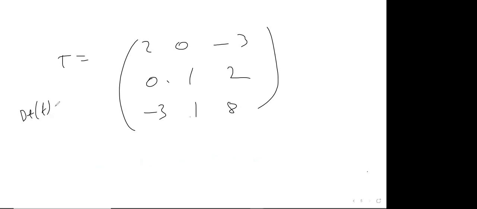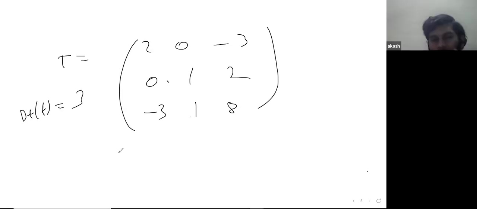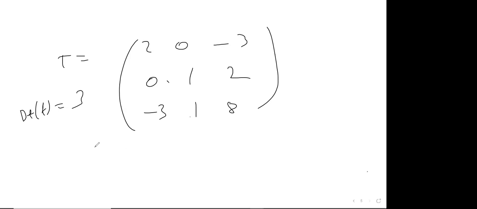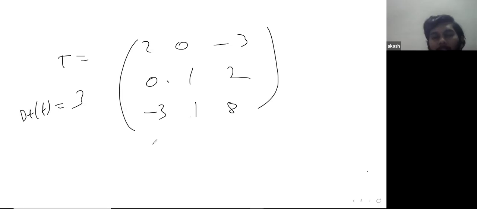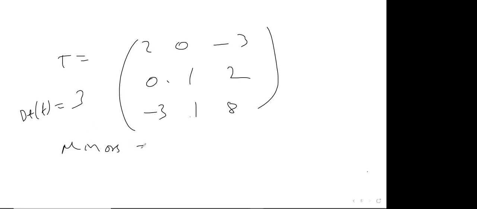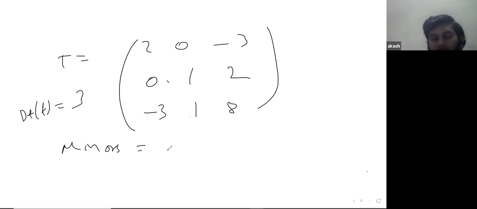Added the minus sign. To which? To what? To 2 and 1, and there's 0, 0. No, first you have to find the minors, right? Yes. And what are the answers of them? Minor matrix.